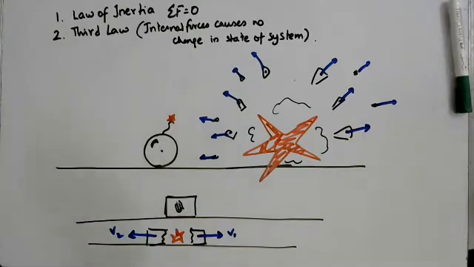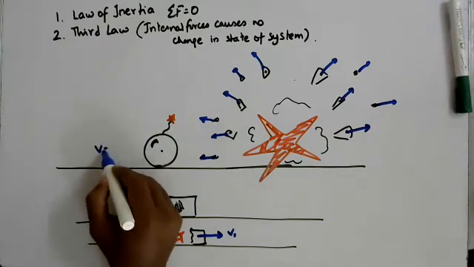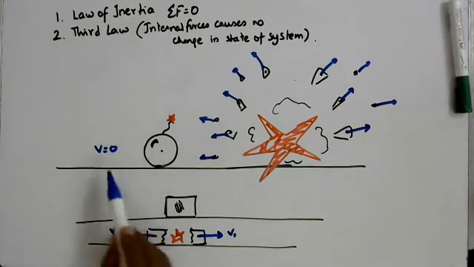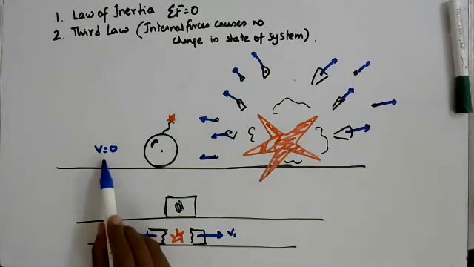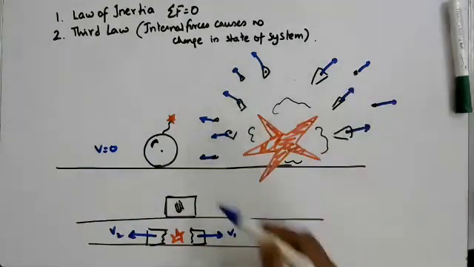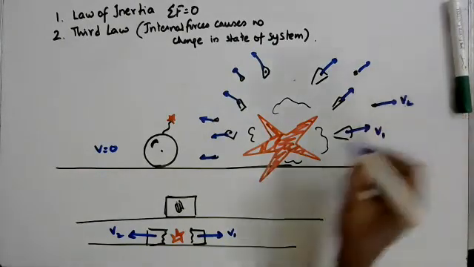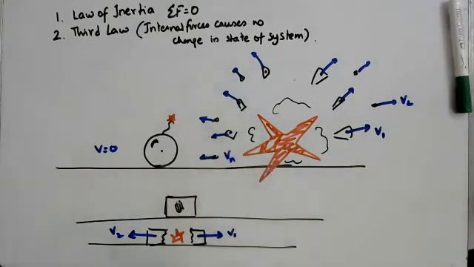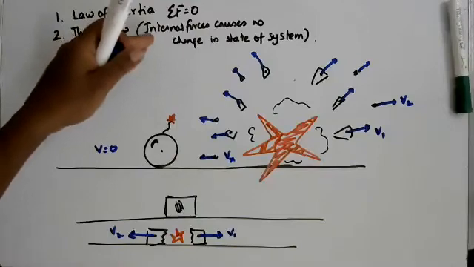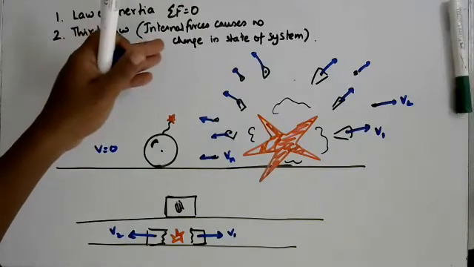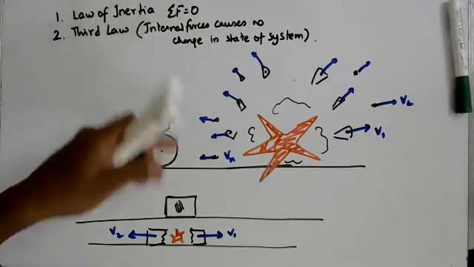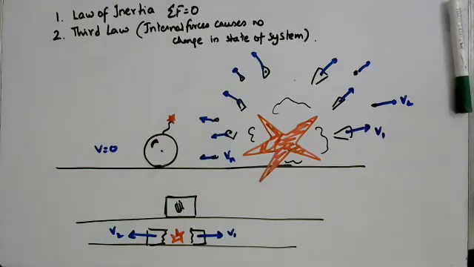Zero, before the blast. So how come from zero velocity it is producing so many different velocities? You can say this is velocity v1, this is v2, all the way to vn. So many different velocities are there. How did this happen? If internal forces are the only ones involved, and internal forces cannot change the state of the system, then how did this happen?